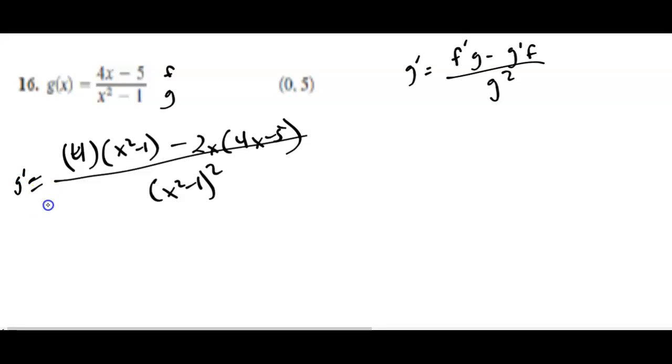Alright, so then x is 0, so 4 times 0 squared minus 1, minus 2 times 0.